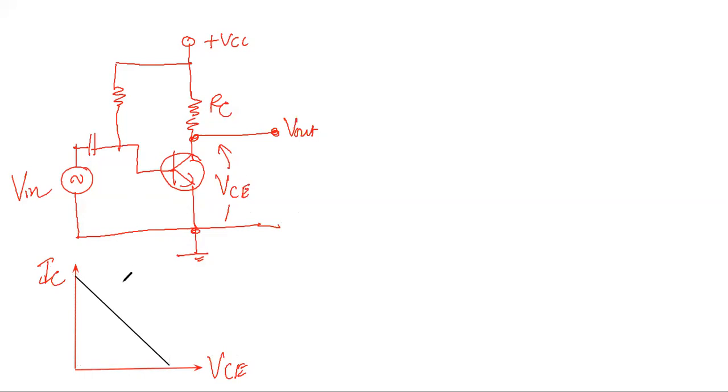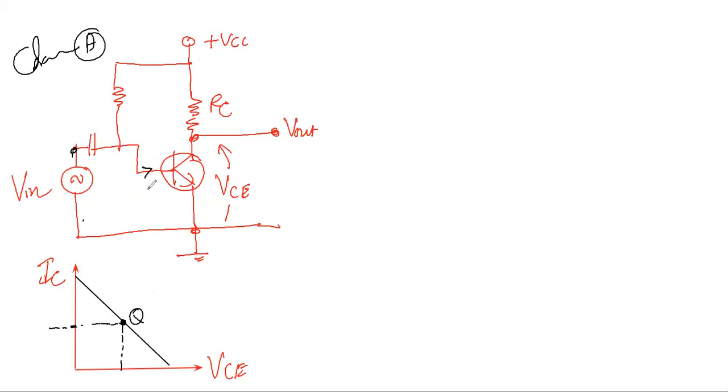If you operate your transistor in the middle of this load line, this is the operating point. If you bias your transistor in the middle of this load line, that configuration we call the class A amplifier.